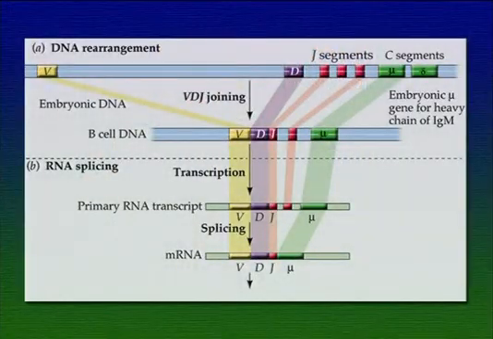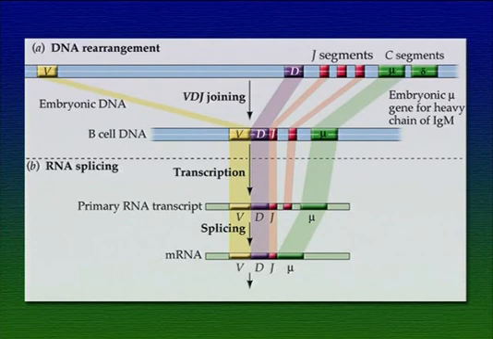Imagine this as follows. The cell actually starts with a very long stretch of DNA that carries many different copies of each of these same 3 kinds of segments that will ultimately add up to produce the variable region. In fact, there are about 100 or so versions of one kind of segment, about 30 or so versions of another segment that's going to contribute, and then about a half dozen versions of a third segment.